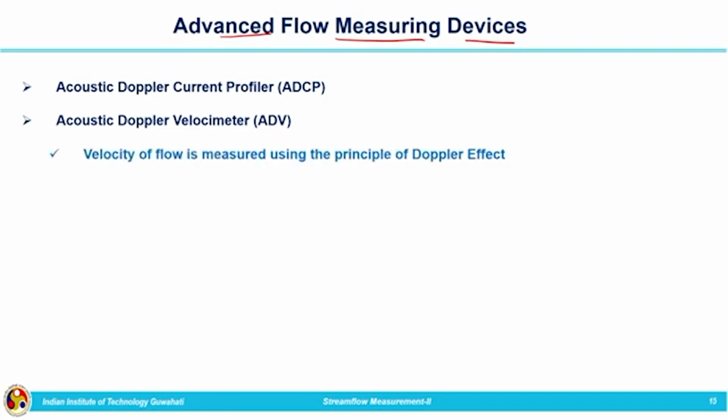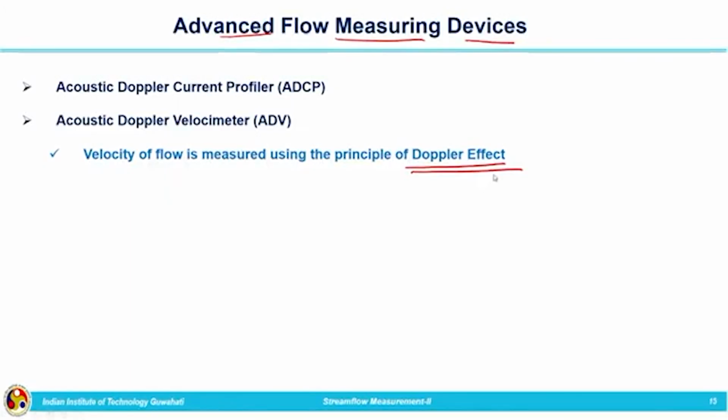Both work on the principle of the Doppler effect, that is, the difference in frequency which takes place as it moves away from the source. So, that Doppler effect principle is taken into account, and based on that we get the velocity of flow. I am not going deep into the methodology, but you should be aware of these instruments which are used for measuring velocities nowadays.